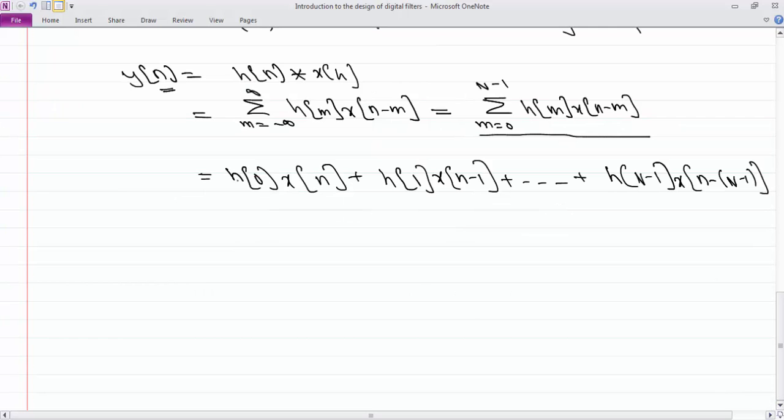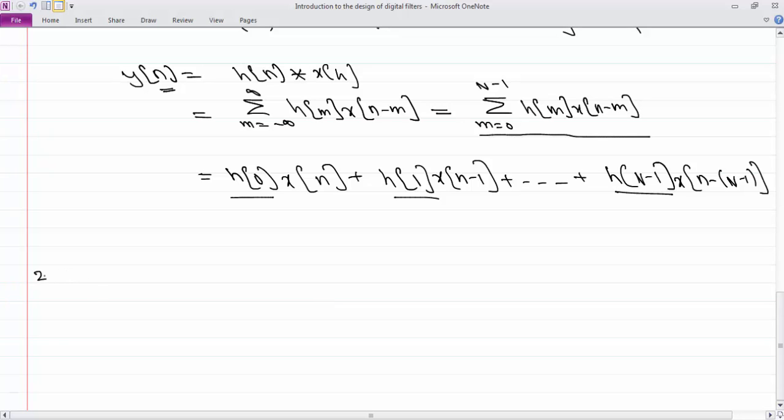So you store h[0], h[1] up to h[N minus 1] in your system. Every time a new input comes in, you simply multiply these numbers with the inputs and past inputs, and you generate an output.